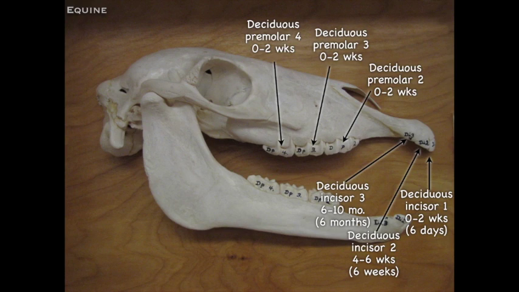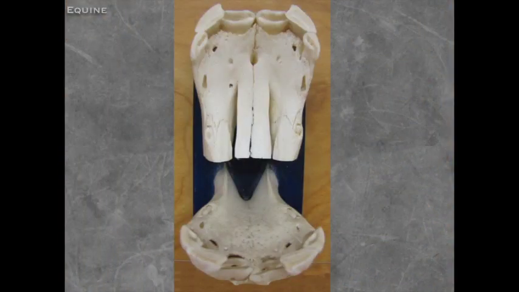We're going to find that the cheek teeth can help us in aging these that are between the time that the deciduous teeth erupt and the permanent teeth start to erupt. We look at this set of teeth and we see now we have much more square looking teeth coming in.